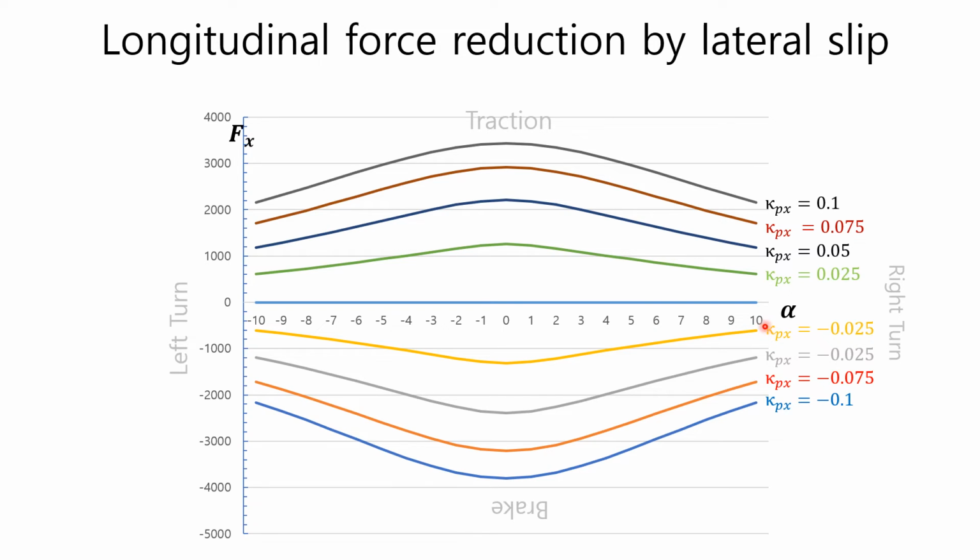It can be seen that the absolute value of the longitudinal force Fx decreases as the side slip angle increases or decreases from the side slip angle of 0. In this graph, the plus longitudinal force means traction, and the minus longitudinal force means braking. And the side slip angle is plus for the right turn and minus for left turn.